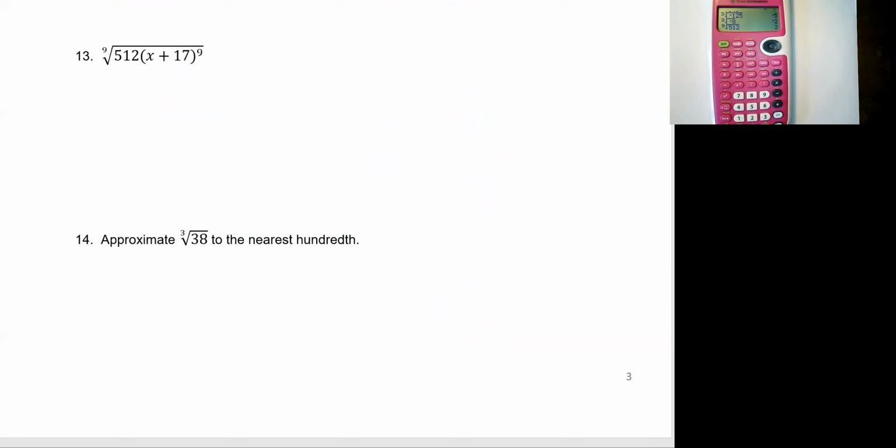Tells me the answer is 2. And then if I'm taking the 9th root of an exponent of 9, I just have the radicand, because there is one group of 9 in 9. And we can leave our answer like that, or we can multiply it. We can distribute.